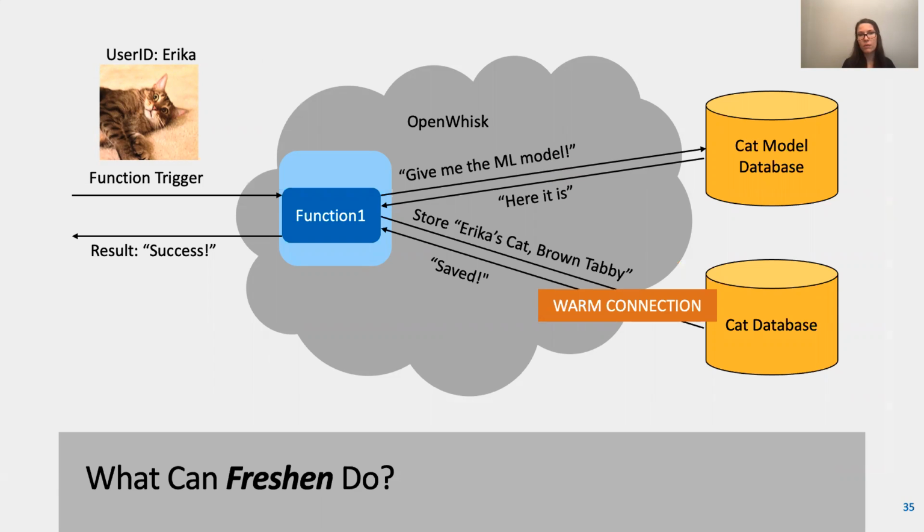And what I mean by warming the connection is making sure it's established, but also making sure its external state isn't stale, such as the congestion window being ready for it to send and receive data. There are more things that Freshen could potentially do, and I'll talk about those a little bit more in the discussion section.